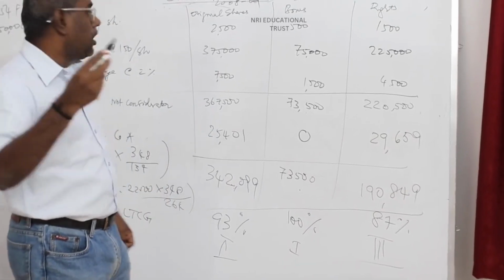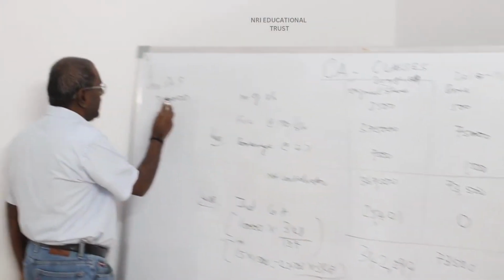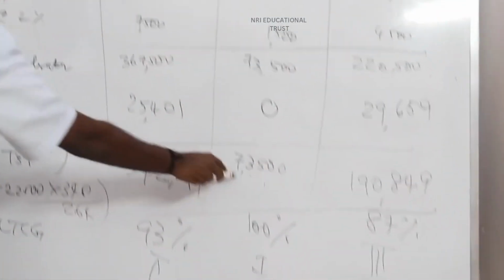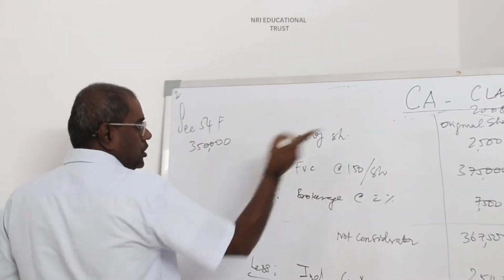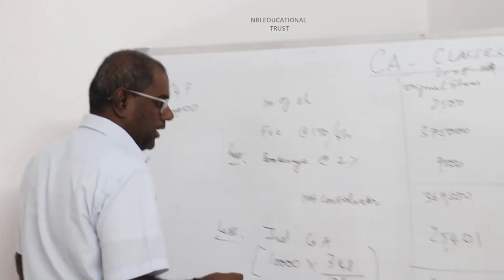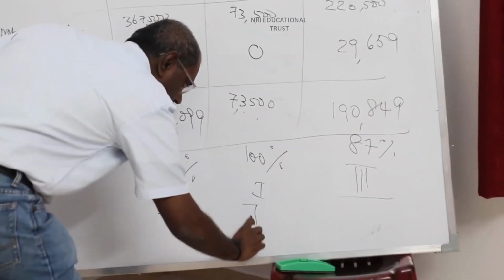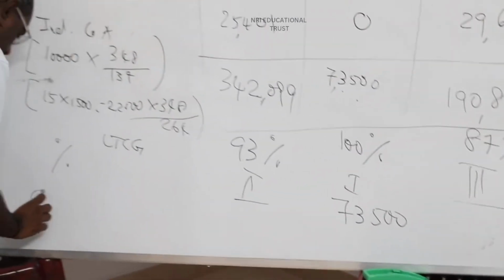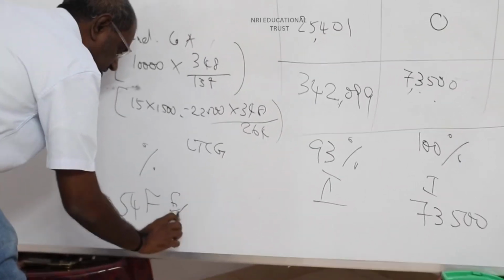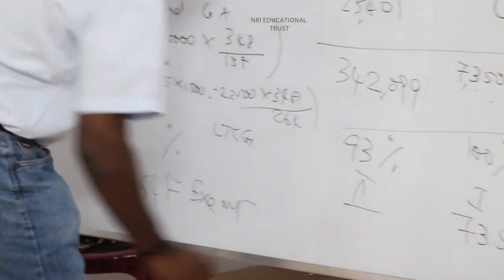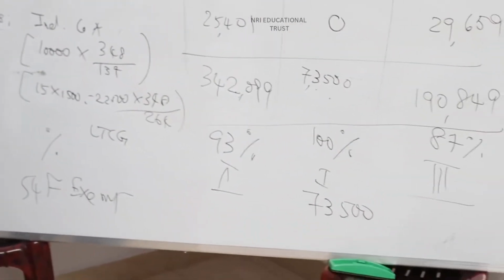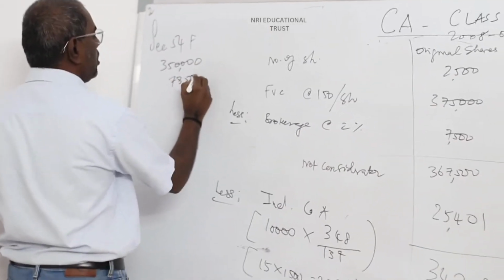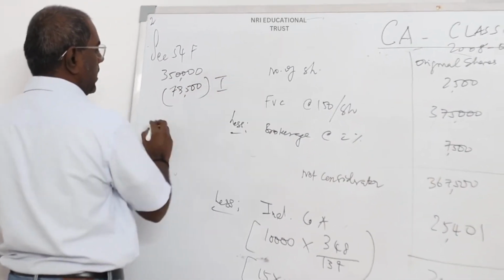So now how much is going to be invested? Out of this 3,50,000, for the first rank 73,500 is needed. So against the bonus shares, we give exemption under 54F of 73,500. How much is the balance now? 73,500 is gone for first rank.